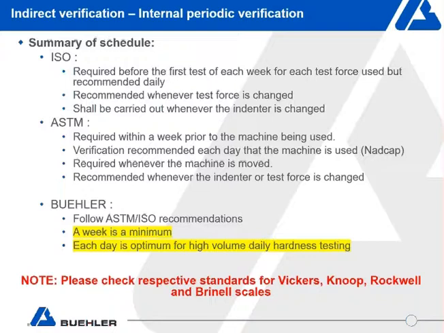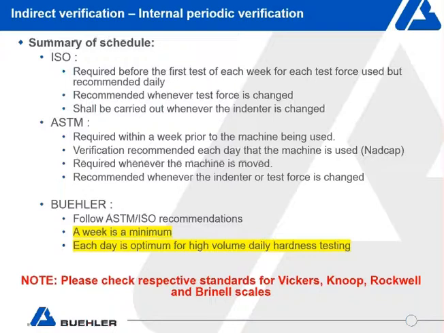And for Buehler, of course, we manufacture equipment. We do provide test blocks. We're saying, of course, adhere to the ASTM or ISO recommendation. And we're saying a week should be considered as a minimum way of checking using test blocks. But the optimum way, if you're doing periodic checks in high volume applications where you're doing a lot of hardness checks, like I remember when we did the poll, nearly 90% were doing surface and core hardness checks, it might be necessary to do this on a daily basis.